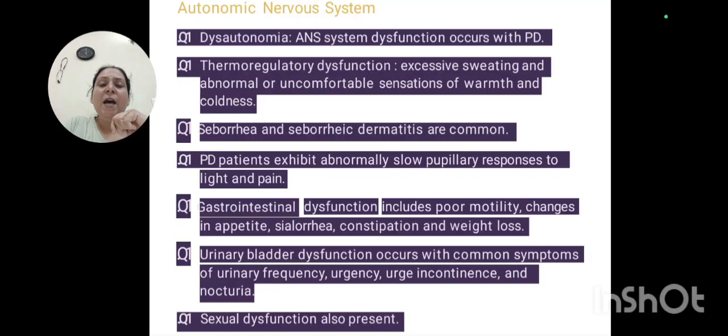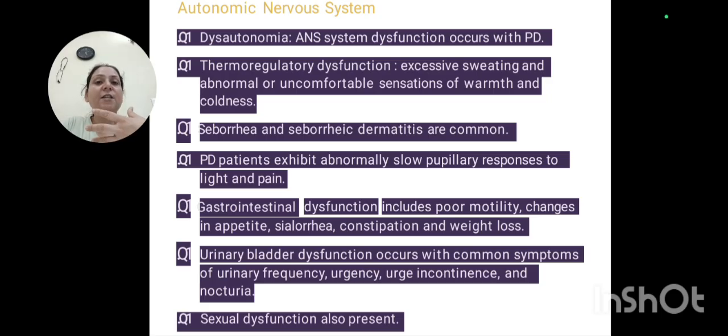Fine. The next thing is the autonomic nervous system. Now this is very important. The autonomic nervous system is for our fight and flight response. It has the sympathetic and parasympathetic systems. Sympathetic is responsible for constriction of the pupil, increased heart rate, palpitations, sweating, and constriction of the GIT tract and urinary bladder, and increased cardiac output.